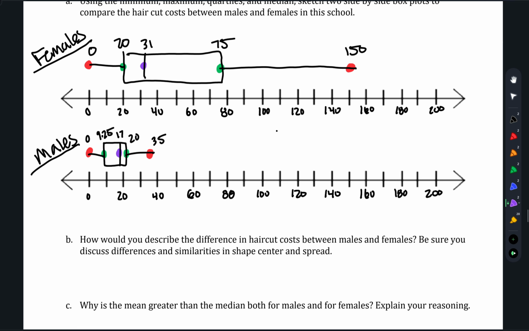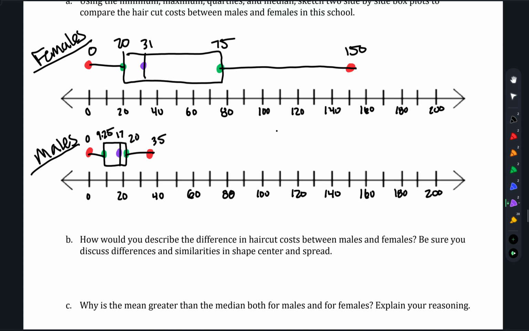Okay, why is the female one so far spread out? It goes from 0 all the way to 150. Why do we think that is? Cost of a haircut for a girl. What could they be doing differently? Oh my gosh. This is the quietest you guys have ever been.